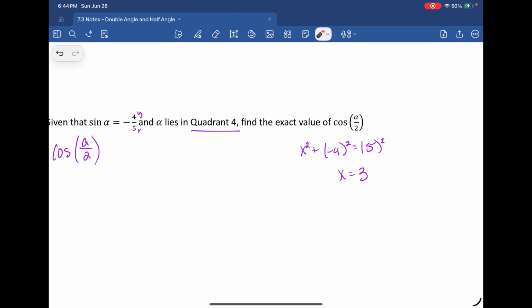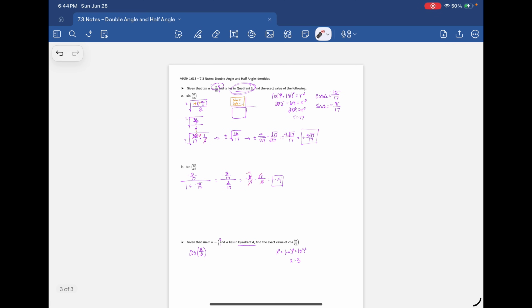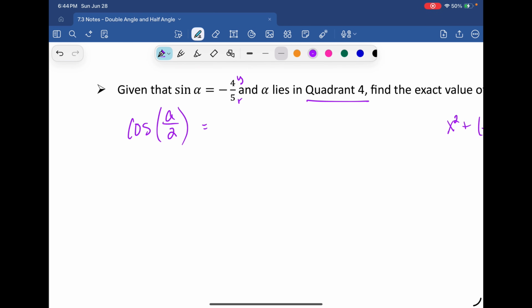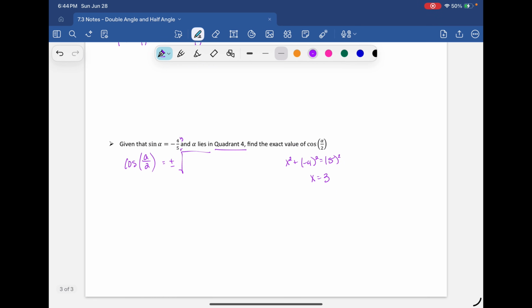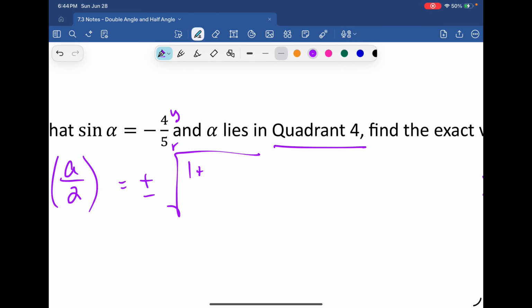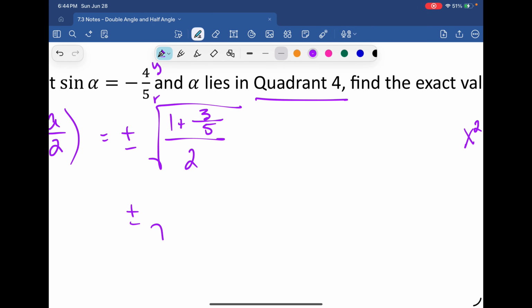All right, so the formula I'm going to use is the one for cosine: plus or minus the square root of 1 plus cosine alpha, all over 2. Quadrant 4, so cosine alpha is positive 3/5. 1 plus 3/5, remember that's 5 over 5, so this is 8 over 5, all over 2.